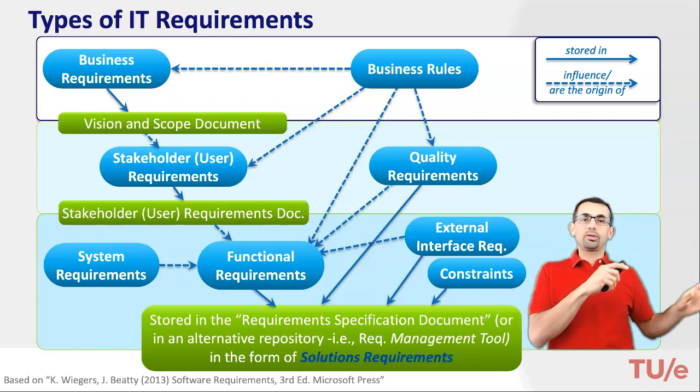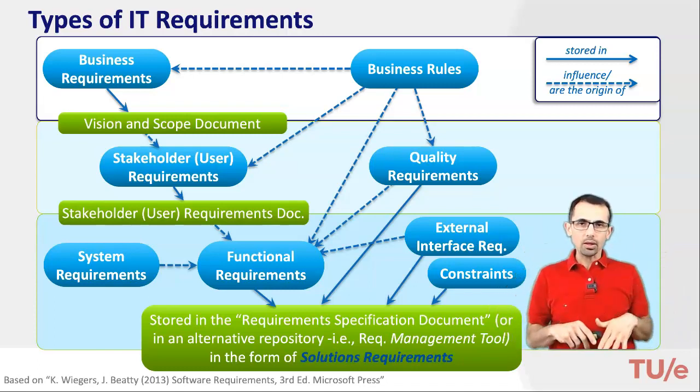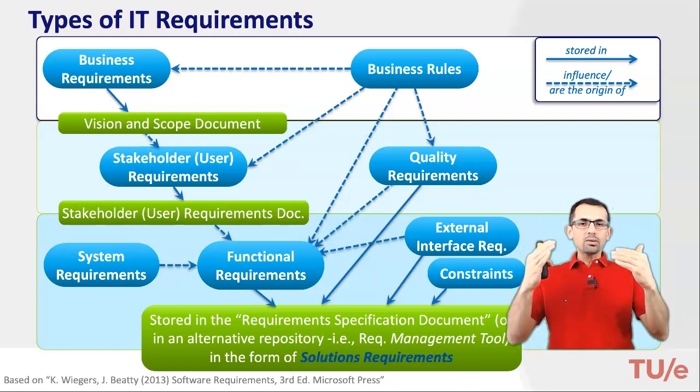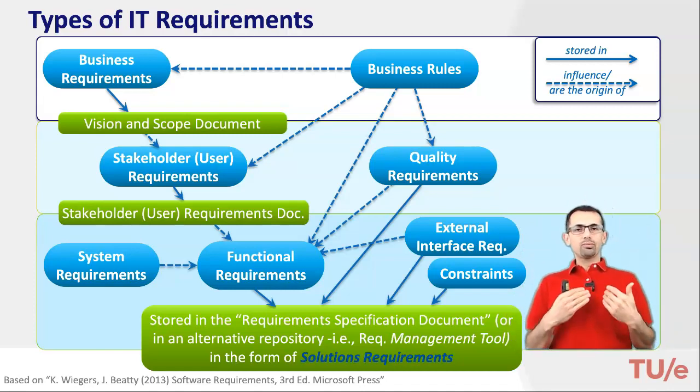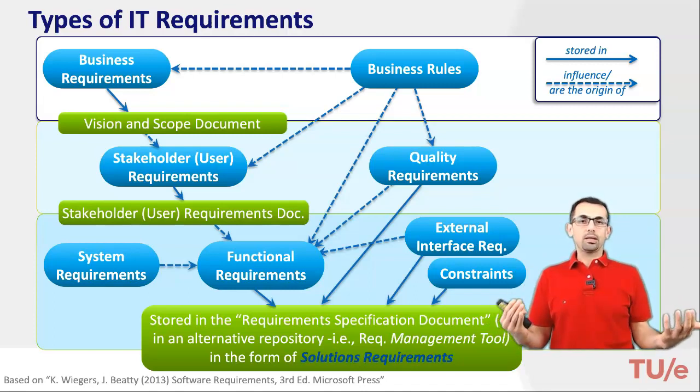User requirements are for the users, and business requirements are mainly for the business. This is the reason why we have three levels. First, we address the business and make sure that we understand the same thing.